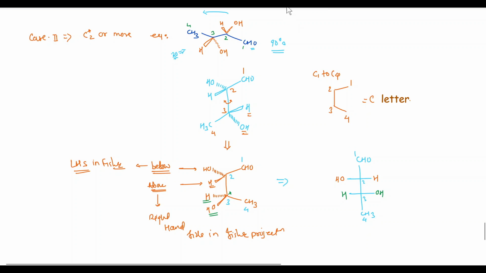For conversion, we have to keep three concepts in mind. First one is the C type of carbon 1 to 4 chain. Second, the below group we have to write on the left hand side, and the above group on the right hand side in the Fischer projection formula.